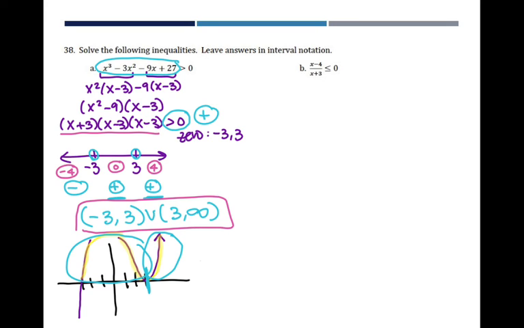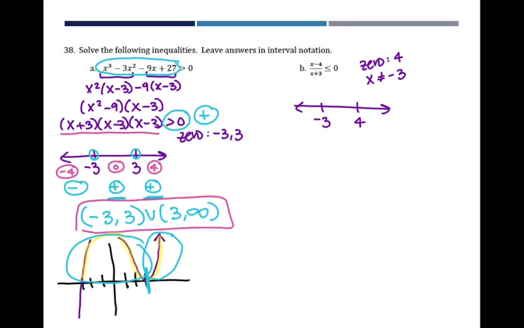Similarly with letter B, with the rational functions, again, I can make a sign chart. So I would use any zeros. So I have a 0 from my numerator at 4, and any restrictions from my domain. So x cannot be -3. So those are the two values that I'm going to use to check my intervals for my sign chart.